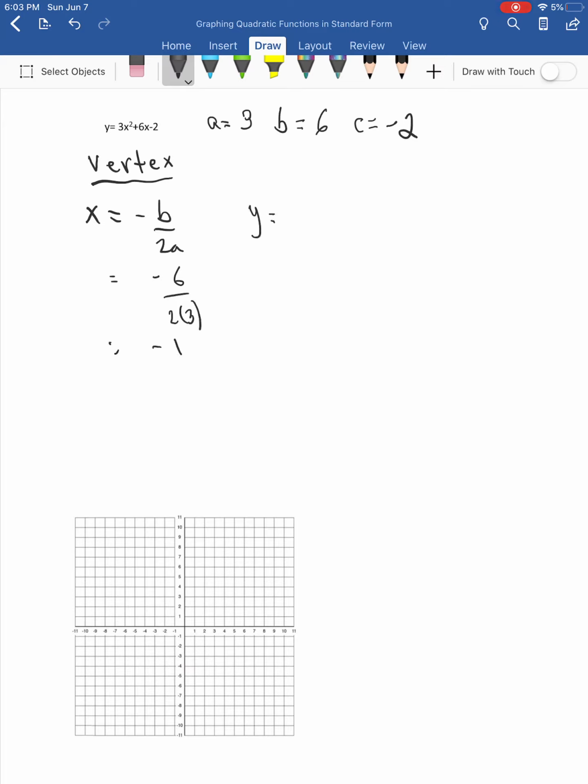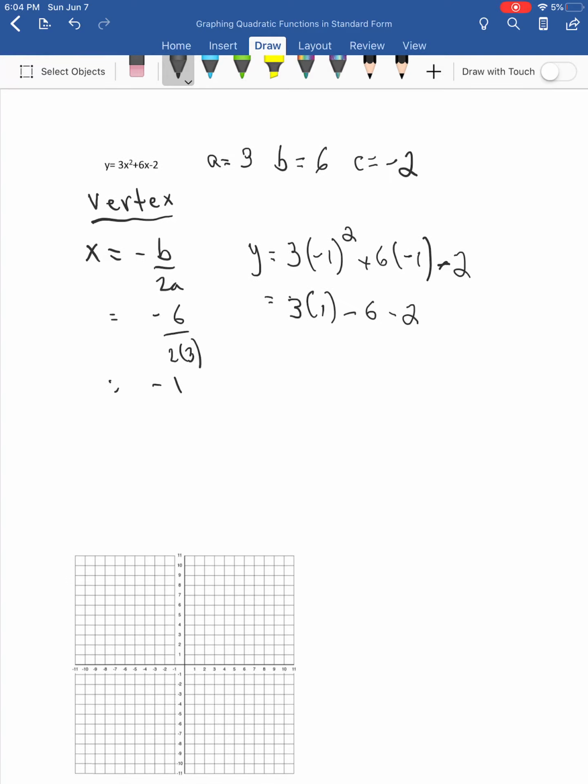Now to get the y, we're just going to substitute. That's going to be 3 times negative 1 squared, be careful here, plus 6 times negative 1 minus 2. It's going to be 3 times 1 minus 6 minus 2. So that's 3 minus 6, negative 3, minus 2, negative 5. So the vertex is (-1, -5).